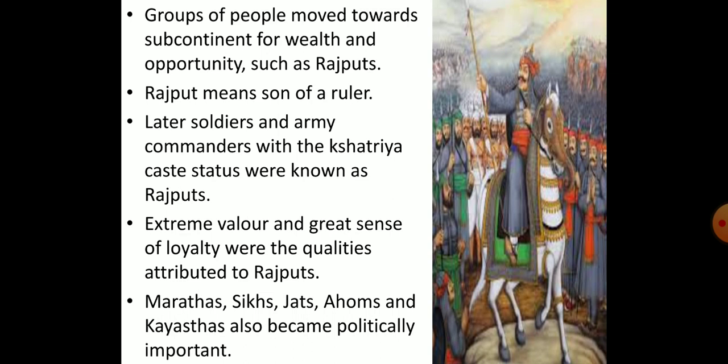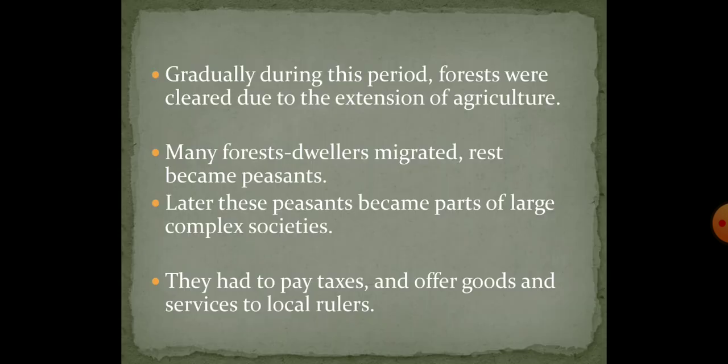Now, not only rulers and chieftains were called Rajputs, but the soldiers and army commanders of different kings were also termed as Rajputs. The poets and bards characterized Rajputs with extreme bravery and loyalty. Along with Rajputs, the Marathas, Sikh, Jat, Ahom, and Kayasthas also became politically important.